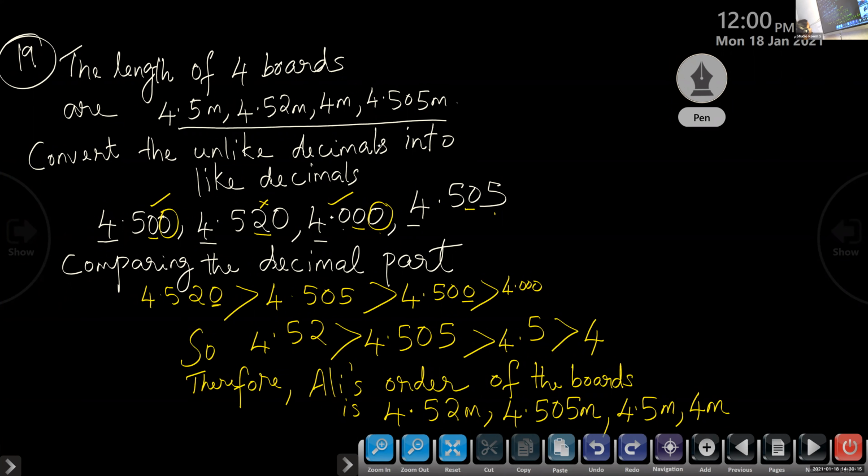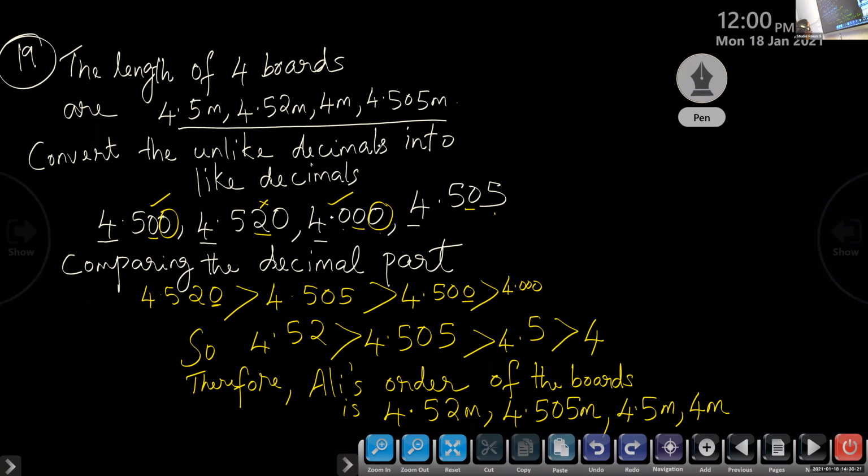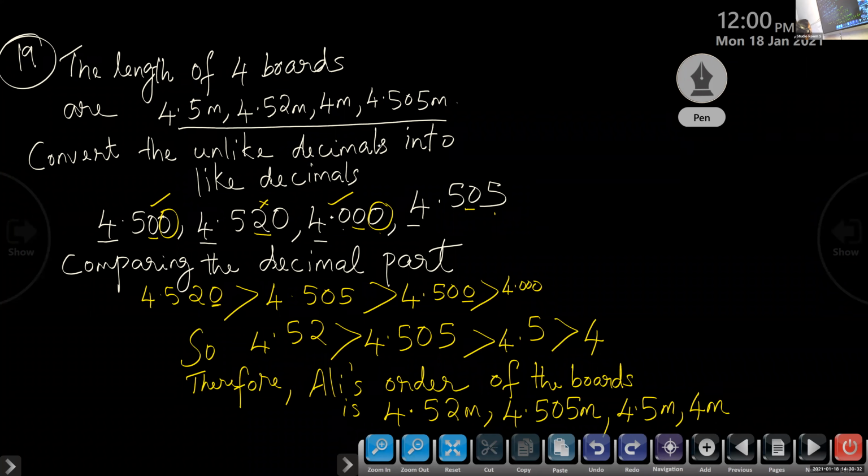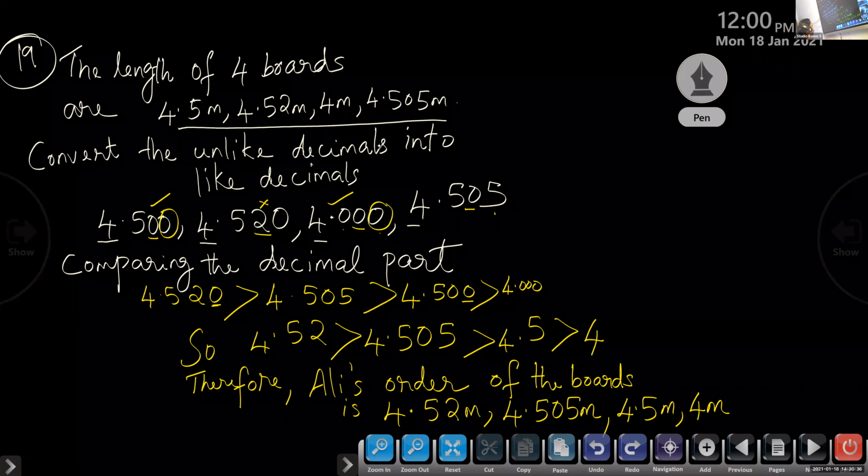So Ali has to arrange from longest to shortest. So we are writing from the greater one, in the descending order. Without the zeros, we are writing from the original question: 4.52 is greater than 4.505 is greater than 4.5, that is greater than 4.